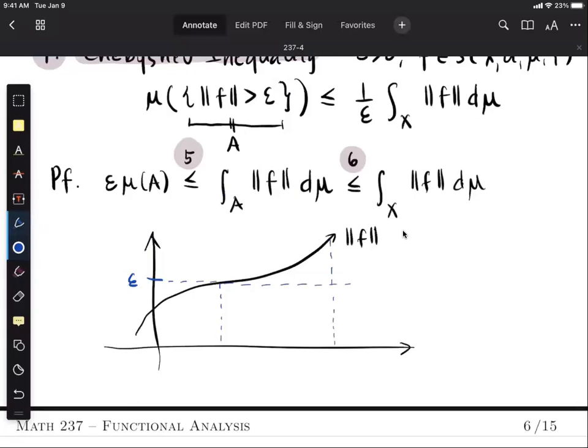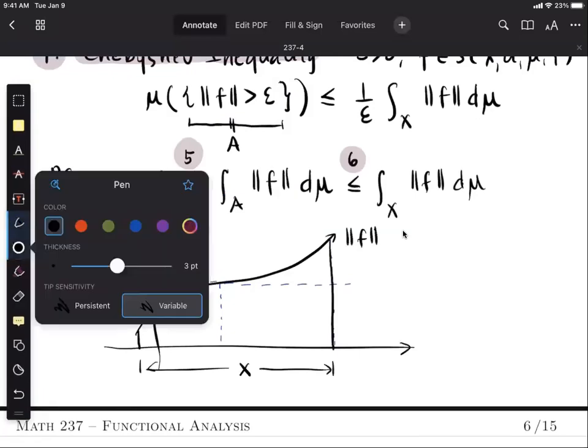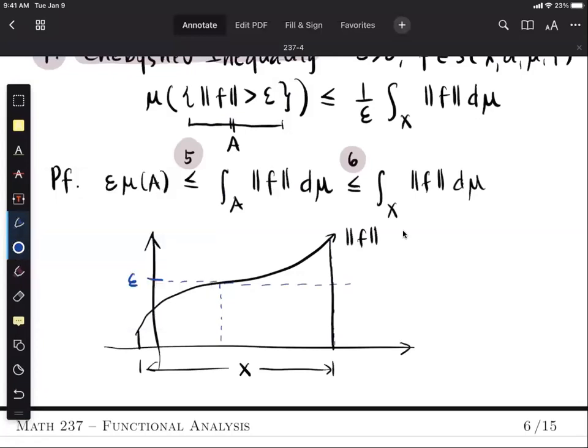And let us confine x on this region. So in this case, the inverse image where the norm is greater than epsilon would be this set here.